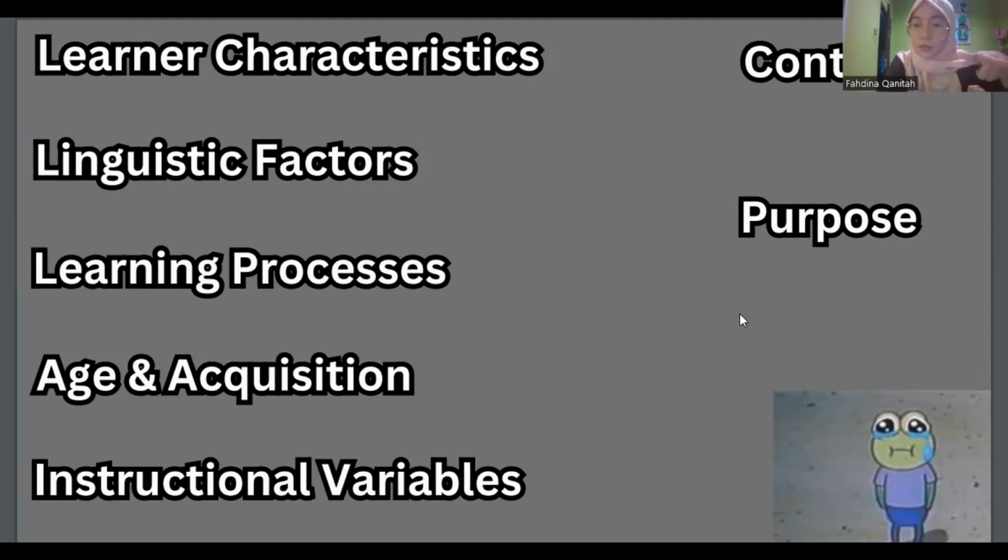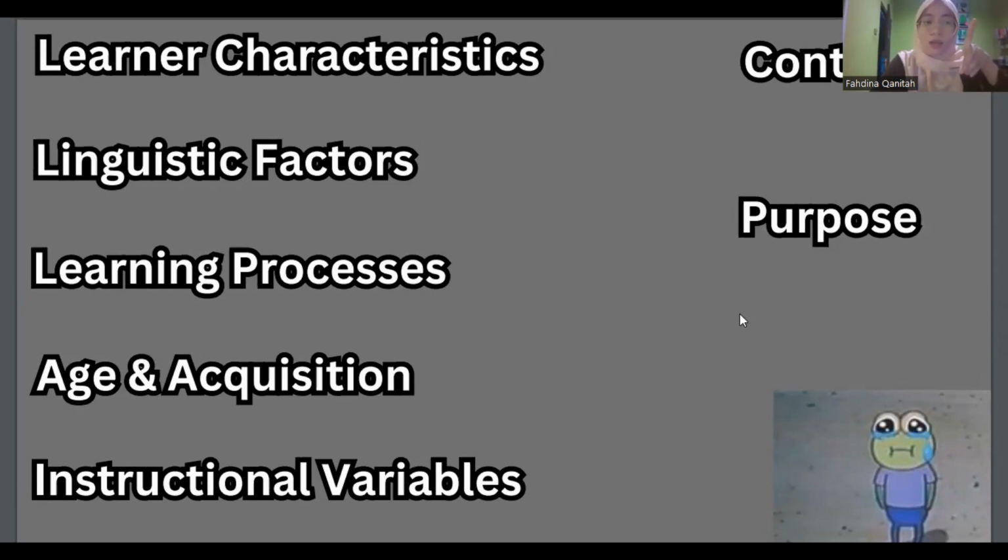And then the second one that we need to get to know and be aware of as a second language teacher is the linguistic factors. What is in the linguistic factors? It is like our question to our students: what must our learners learn about?